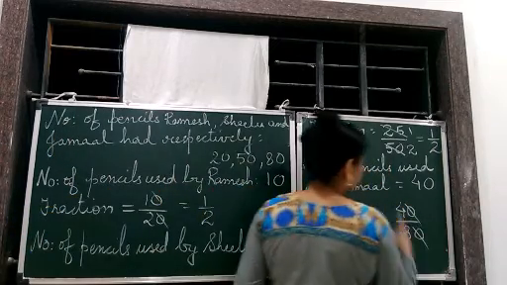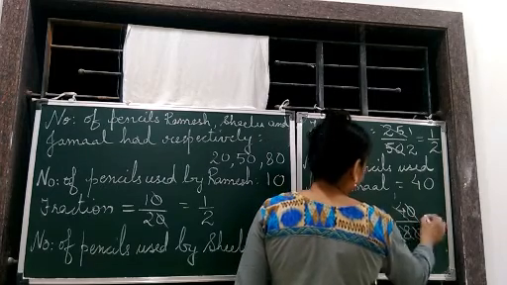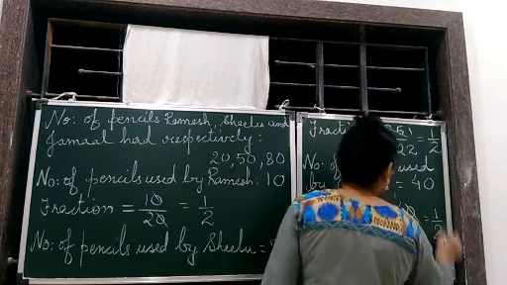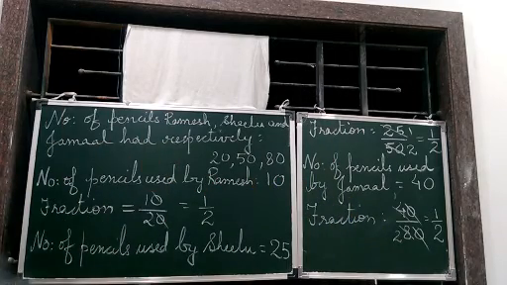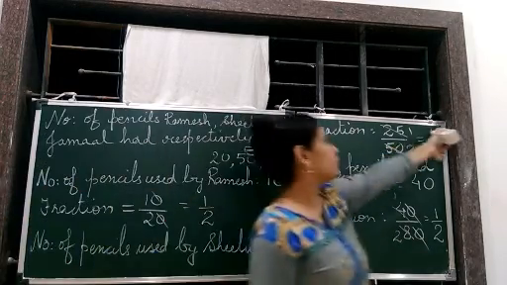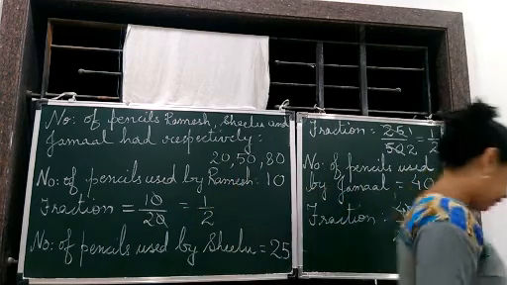Cut down the 0, then 4 and 8 will go by 4. 4 ones are 4, 4 twos are 8. So 1 by 2. So when you observe all the three fractions, you see 1 by 2, 1 by 2, 1 by 2. That means they are equivalent.